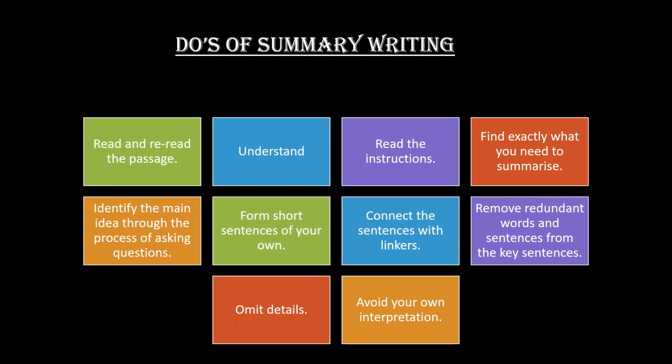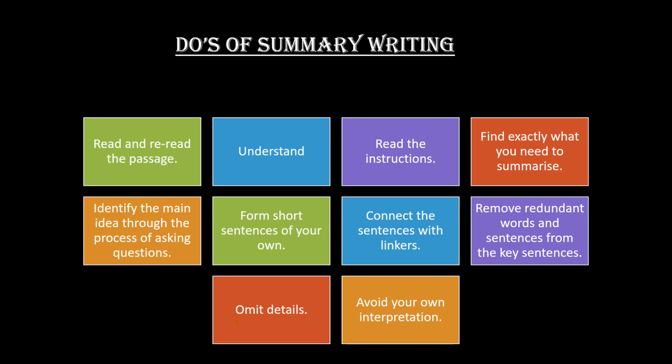Remove redundant words and sentences from the key sentences. Many times while explaining the idea, the writer uses many sentences or words which are similar in meaning. So whichever ideas or sentences or words are redundant, that means often used in the form of synonyms or same meanings, you should omit.